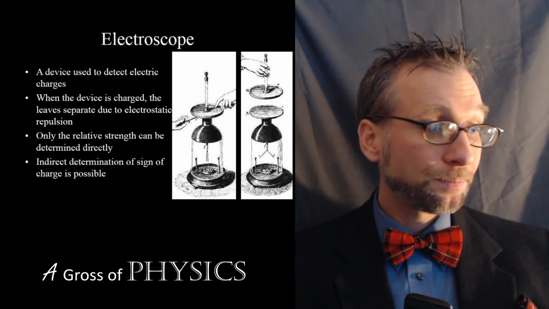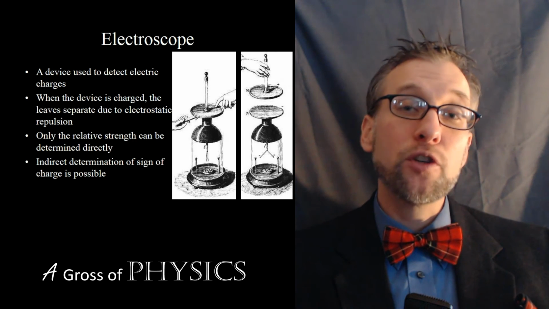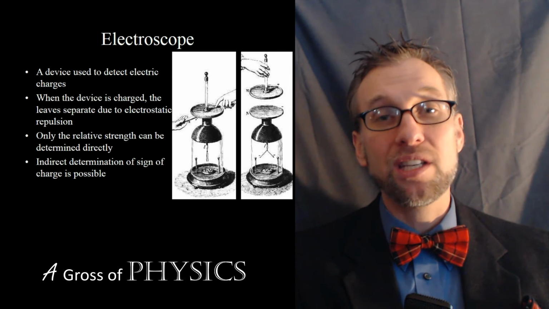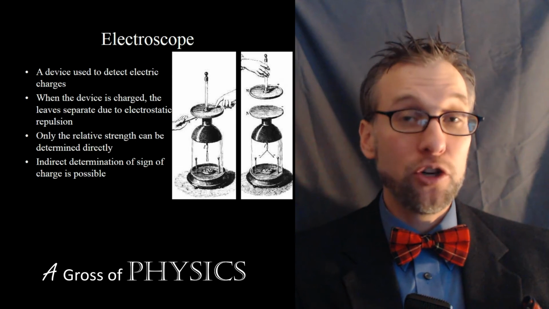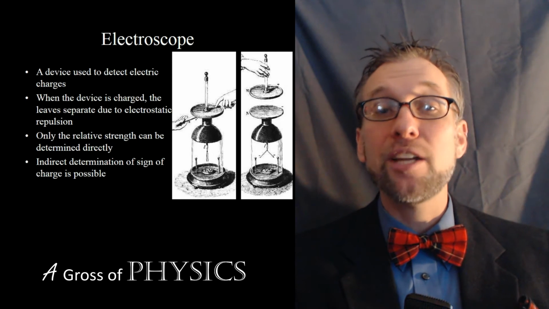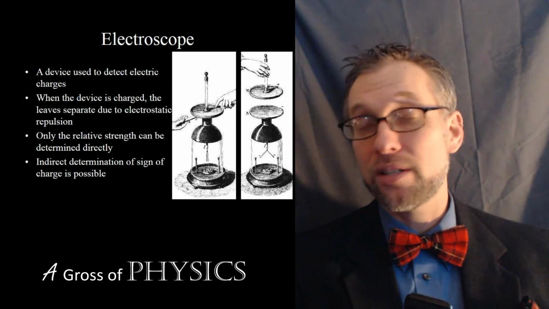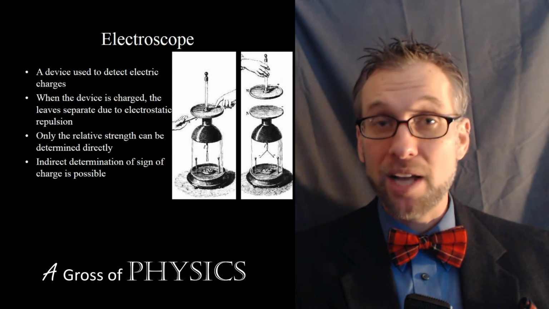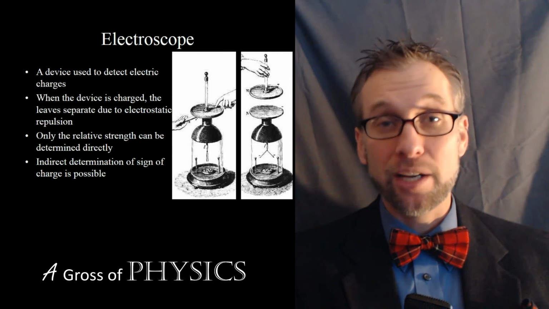of the like charges. Now, the problem with the electroscope is that you can't actually determine what the sign is directly. It can detect charge, but you don't know if it's positive or negative. So what you would need to do is have a charged particle, or let's say an object, that you know is positively charged, and bring it near the electroscope.